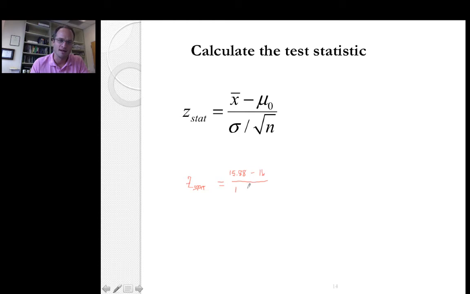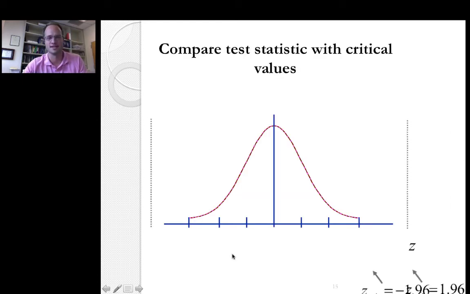We have 1 standard deviation, 1 ounce, divided by the square root of my 12 pints. Okay? And I'm getting negative 0.416.